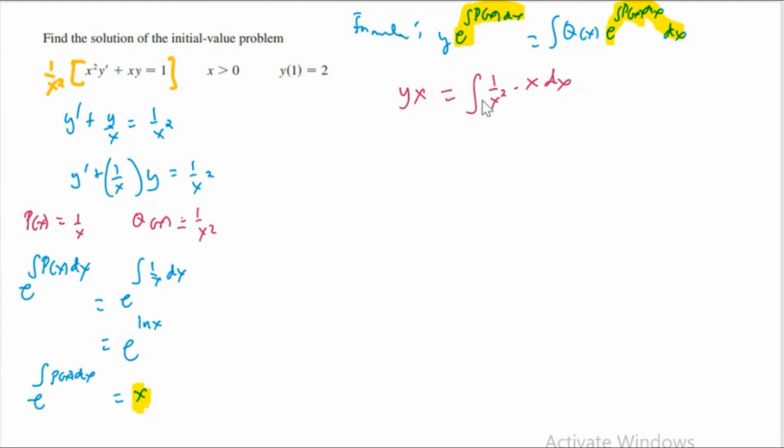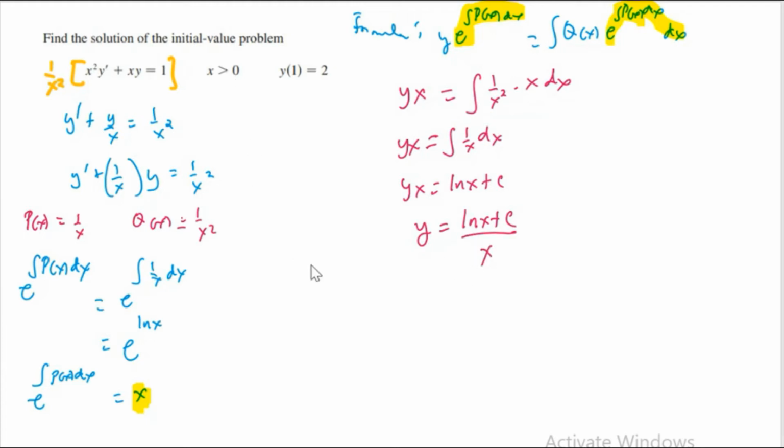Now, simplifying the right-hand side, we have xy is equal to the integral of 1 over x dx, which is ln of x plus a constant. Since I want you to write your answer in terms of y, because this is linear in y, divide both sides by x. Therefore, y is equal to ln of x plus a constant, all over x.